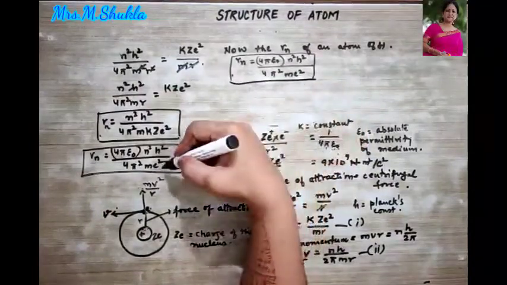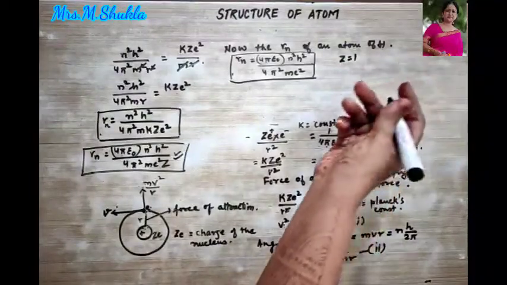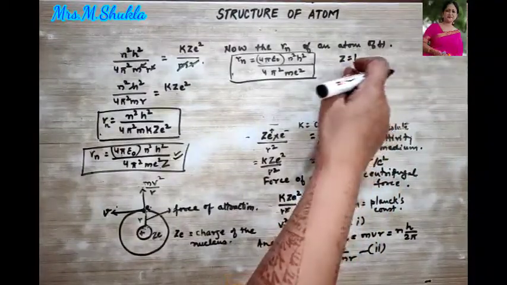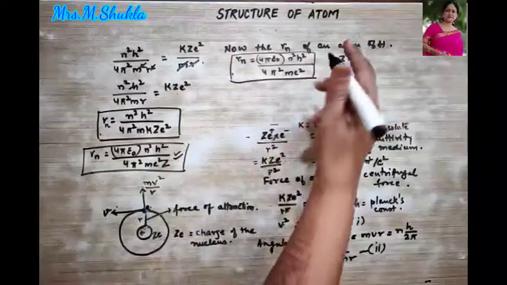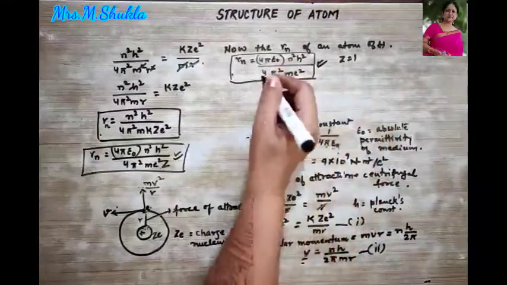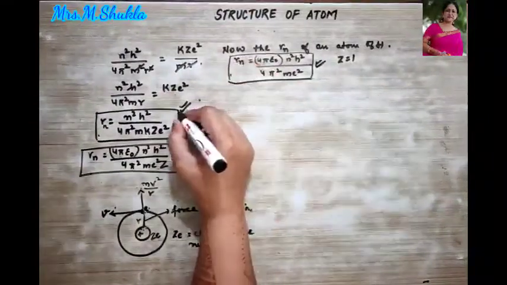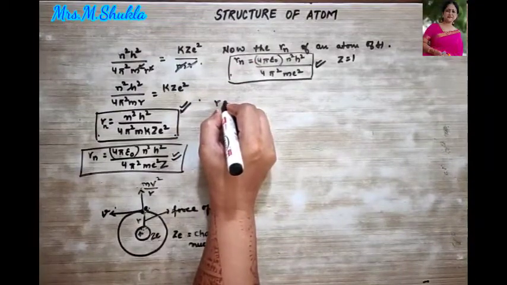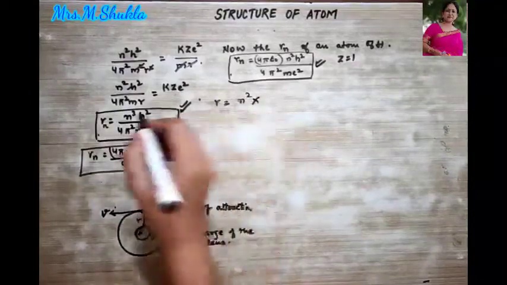Now why did I not write Z? Because Z is always equal to 1. The atomic number of hydrogen is 1. So if we remove it for hydrogen, 1 has no meaning. So this is the formula that we get. Now we substitute all the values over here. So let us begin. I'm using this formula, okay? So R is equal to n square into h.